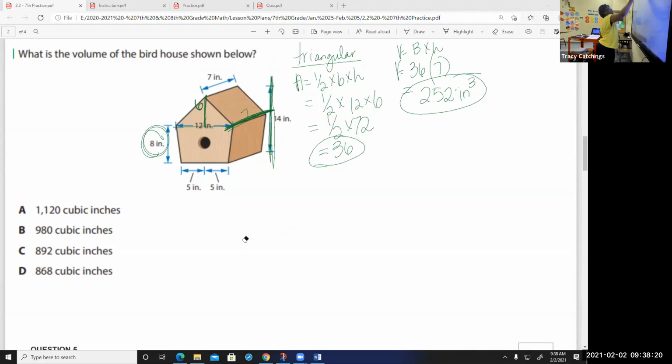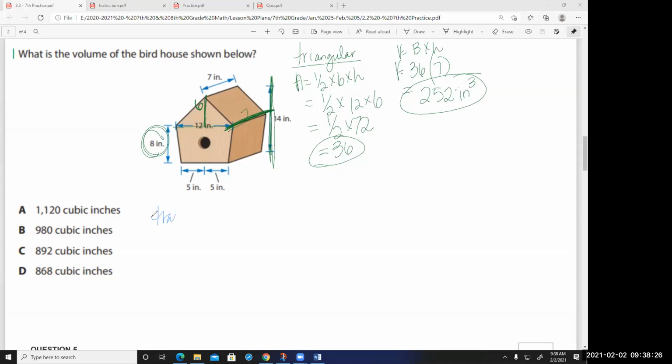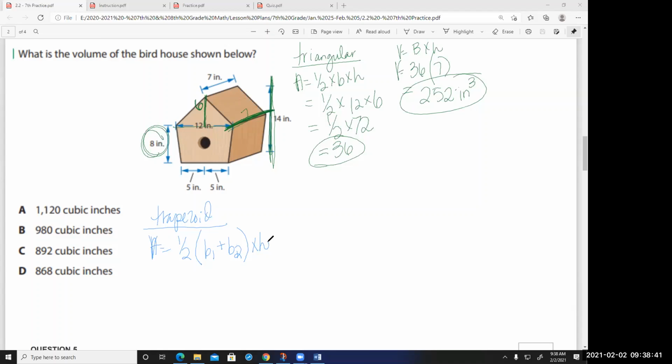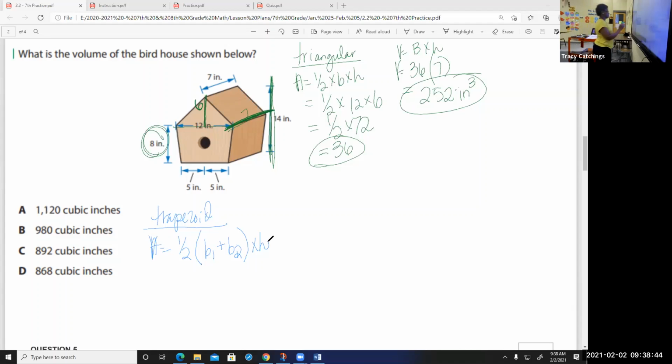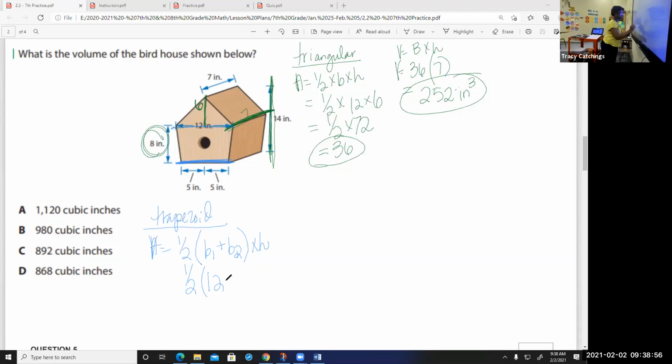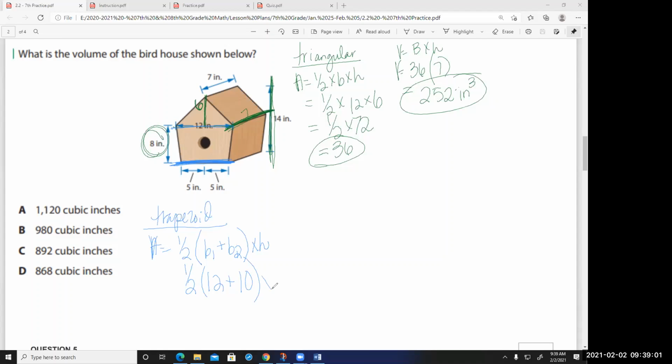All right, let's look at this trapezoid. Anybody remember how we find the area of a trapezoid? Base 1 times base 2. I forgot the rest. All right, 1/2 times base 1 plus base 2, times the height. Good job. So y'all know part of it. All right, so looking at this trapezoid, what would you say base 1 is? 12. All right, we'll go with 12. What would be the second base? 10. Good job. 5 and 5 is 10.